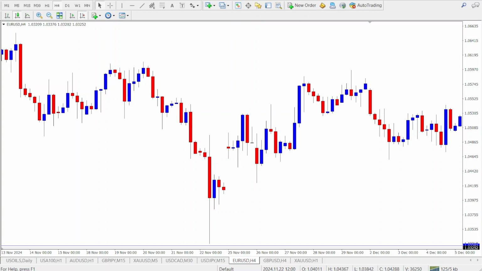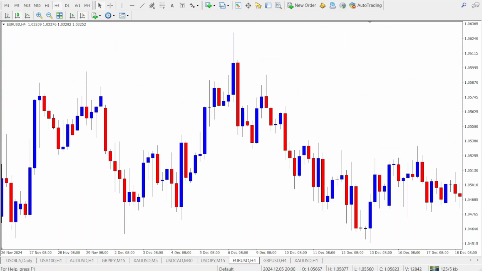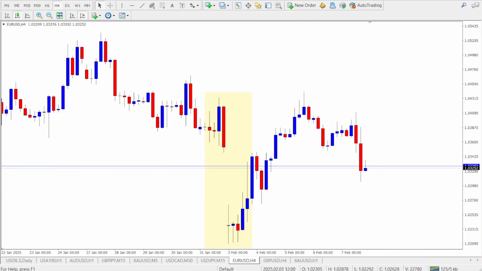I might have to check the economic calendar just to confirm if there were any events around this time. But this is one where I can confirm there was likely a shift in sentiment. I think it was over the weekend or something like that, but I remember there was something that caused this.